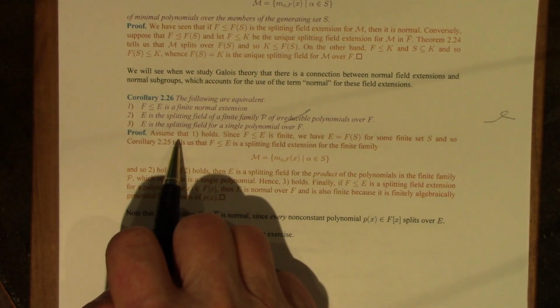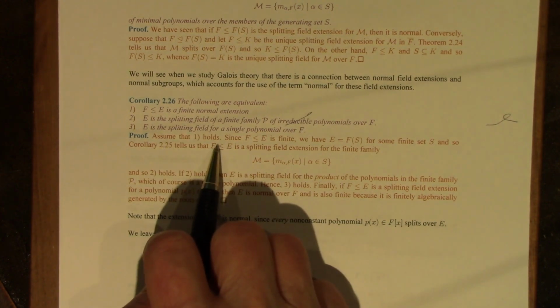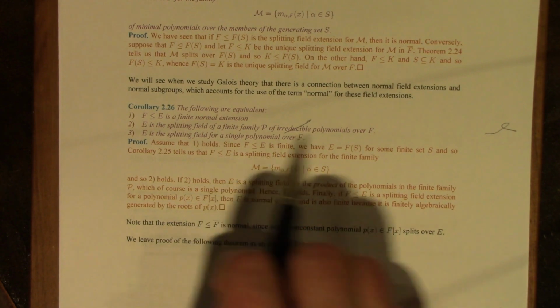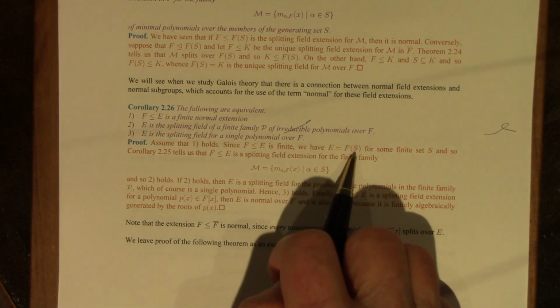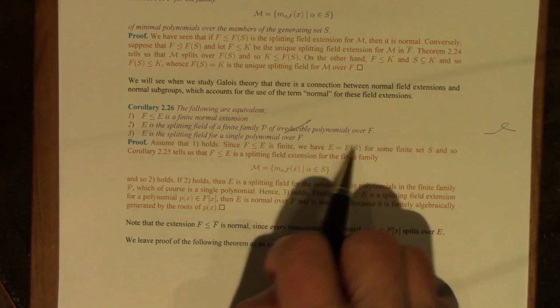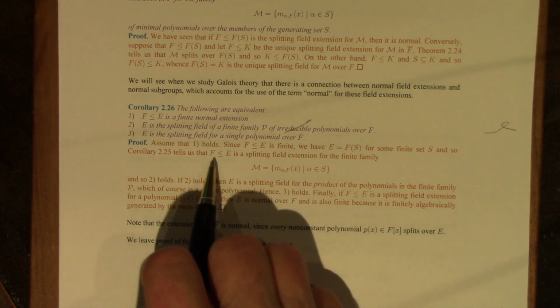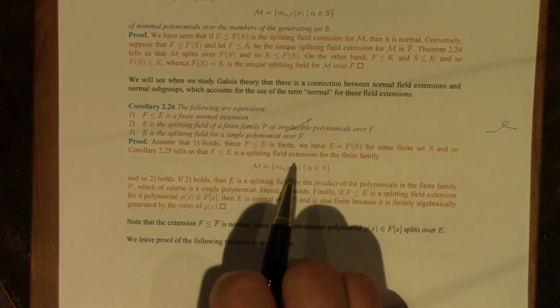As to the proof, if E over F is a finite normal extension, then since it's finite, E is of this form for a finite set S. And so the corollary we just discussed tells us that E over F is a splitting field extension for this finite family.